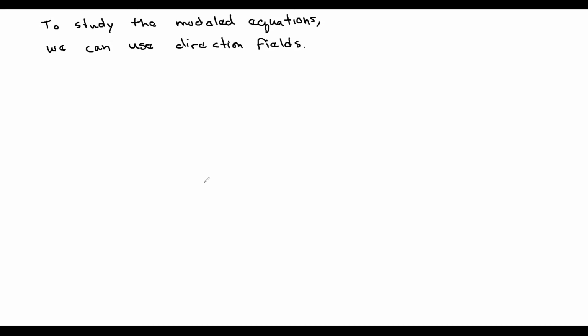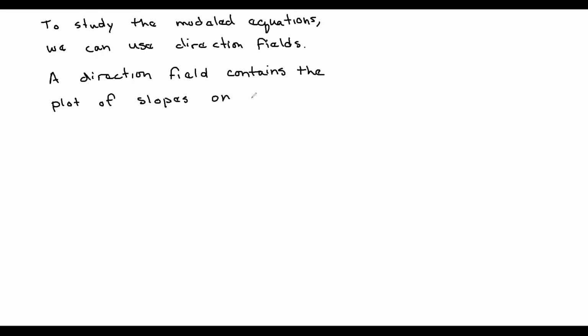By looking at those, we can interpret how the underlying object behaves. Let's write that down. A direction field contains the plot of slopes on a coordinate axis.